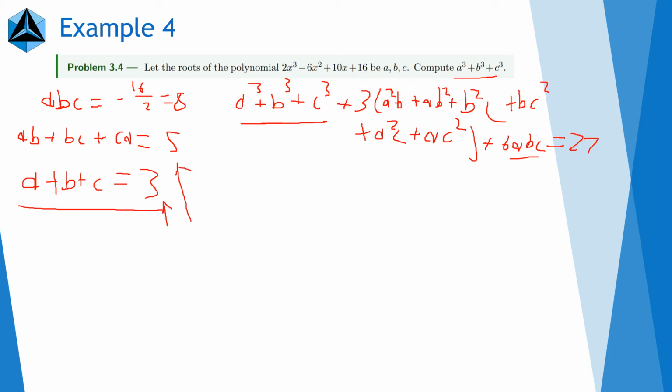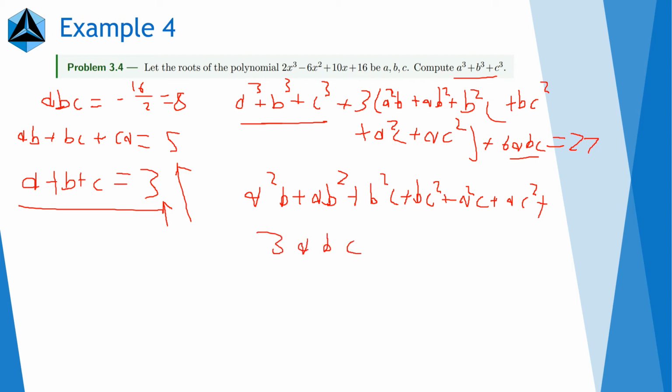If we multiply these two together, we get a squared b plus ab squared plus b squared c plus bc squared plus a squared c plus ac squared plus, I think, 3abc is equal to, this would be equal to 15.